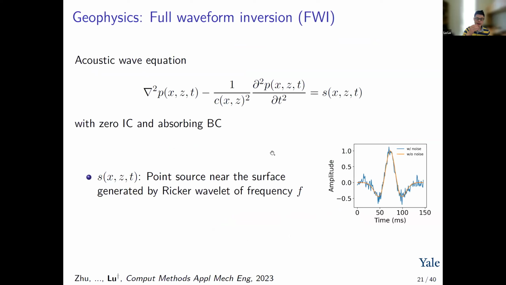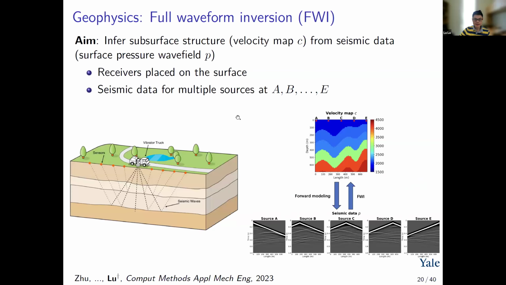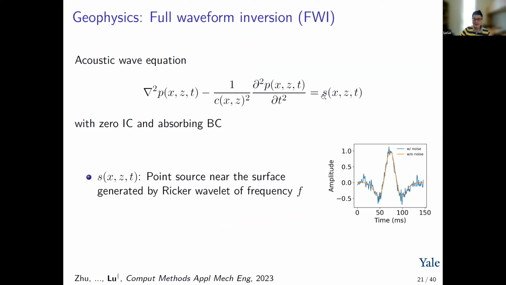If you look at the underlying mathematics, this is the PDE. The pressure P is the signals, and S is the source generated by the car. So we have different sources for this PDE, and then we have different solutions of the pressure.